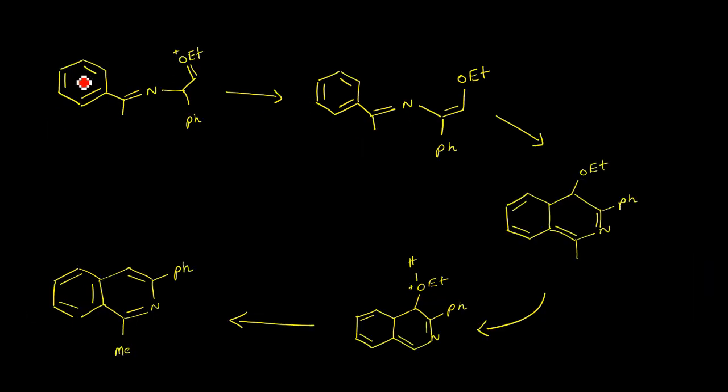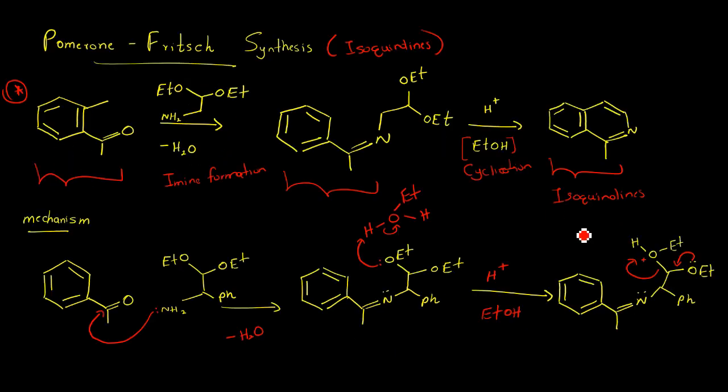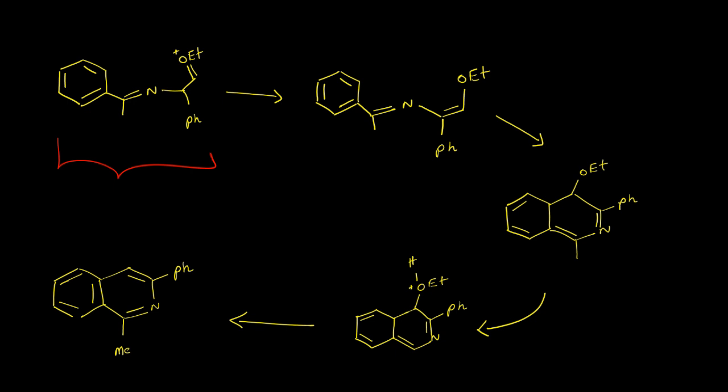Then what happens is we have our compound like this. As you can see here, a double bond is being formed, right? This part over here will be removed and we have our compound like this. Then there are hydrogens, right? There are hydrogens in here.